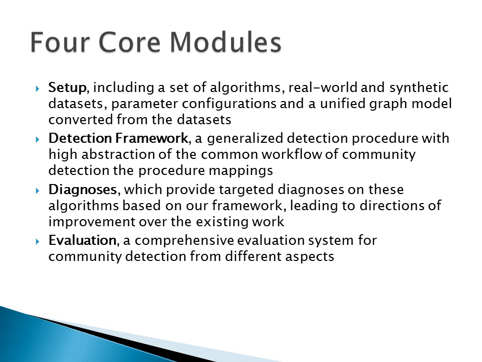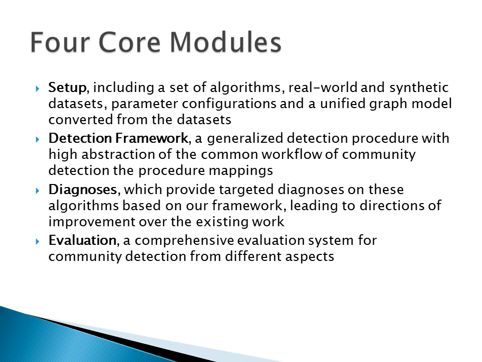So the benchmark for community detection has 4 core modules. The first one is setup, which includes a set of algorithms, real-world and synthetic datasets, parameter configurations, and a unified graph model converted from the datasets. Next is the detection framework itself, a generalized detection procedure with high abstraction of the common workflow of community detection and procedure mappings.